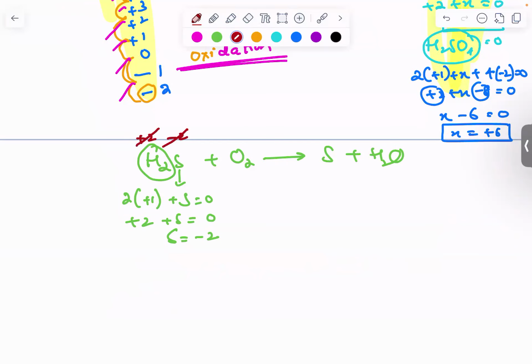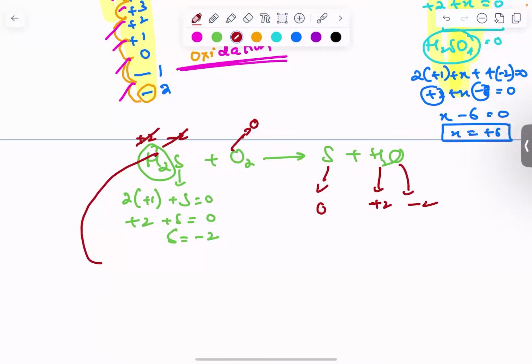And then oxygen is always zero, and then sulfur is zero, and then water is plus two and O is minus two. Are you getting my point? So please check that hydrogen H2 is plus two, sulfur is minus two. Oxygen is zero, sulfur is zero, hydrogen is plus two, and oxygen is minus two.